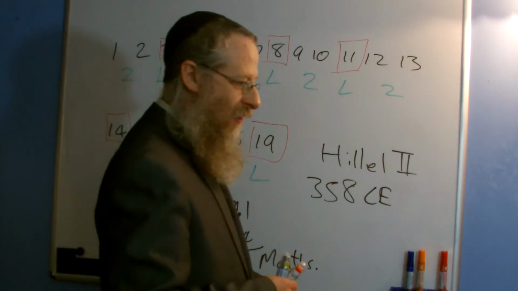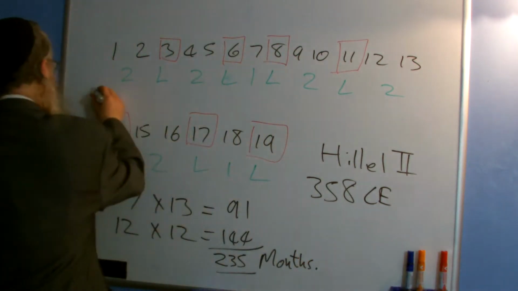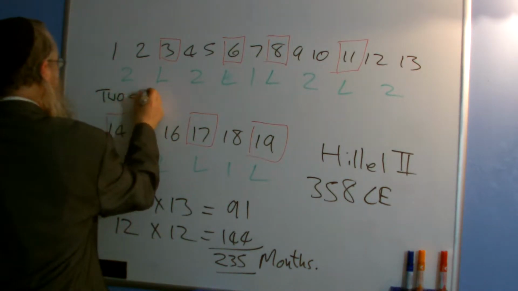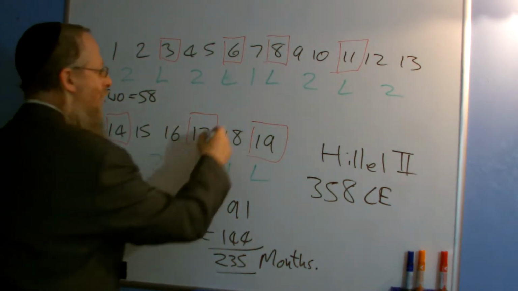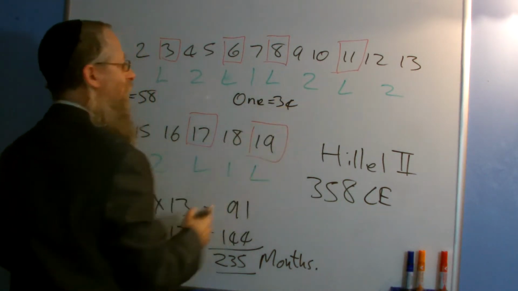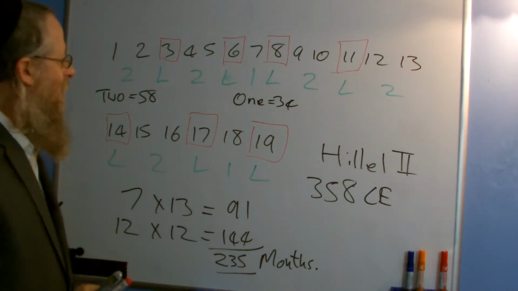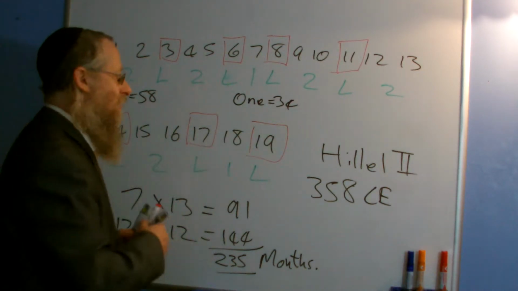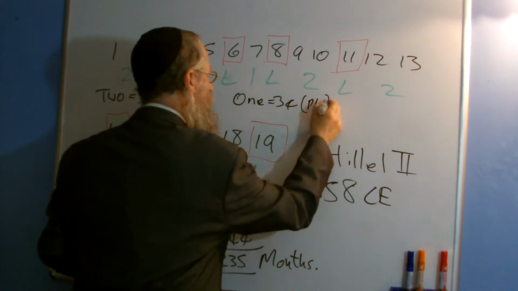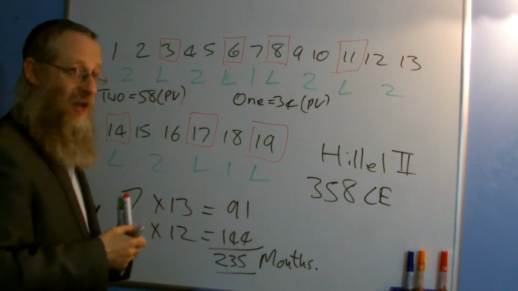If we write those down, their values: 2 equals 58, and 1 equals 34. We've done those before. That's like A and B, the large values. But using placement values, PV, 1 is 34, and 2 is 58.